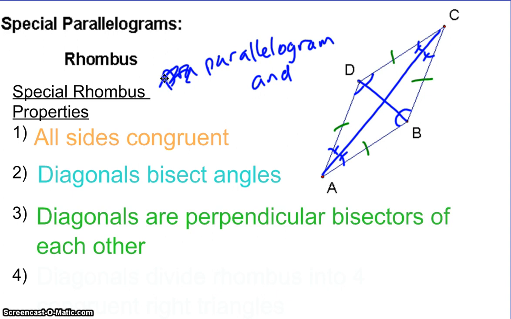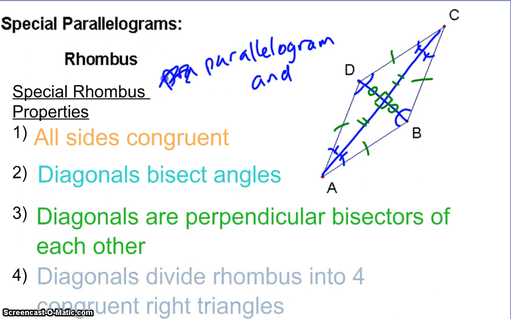Another one is that the diagonals are perpendicular bisectors of each other. And then because of that, the diagonals divide the rhombus into four congruent right triangles, and that's what I was just showing with the perpendicular bisector part.